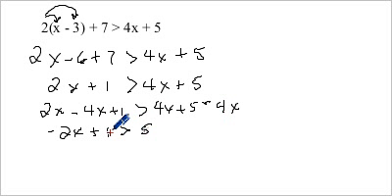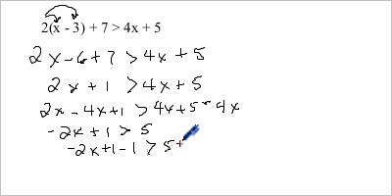So now we've got 1 over here, which we're going to subtract from each side. So negative 2x plus 1 minus 1, greater than 5 minus 1. And I've got negative 2x. These will cancel each other out, greater than 4.